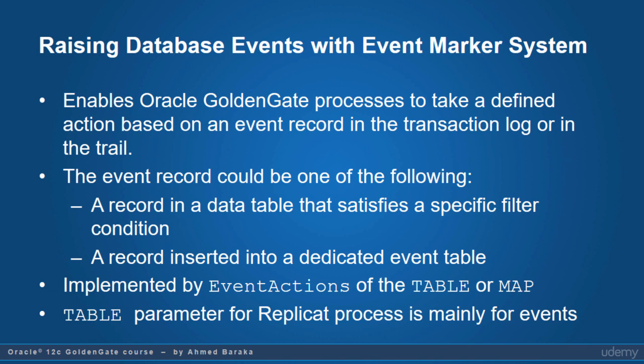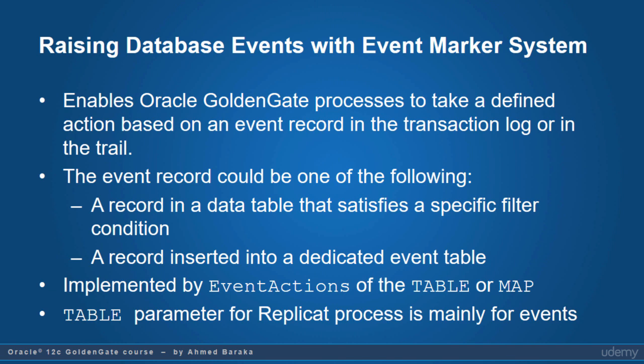The other way of defining an event record is when a record is inserted into a dedicated event table. Event table is a table that you create in the source database solely to be used for storing the event records. As I said earlier, actions can be performed by extract or replicate processes.